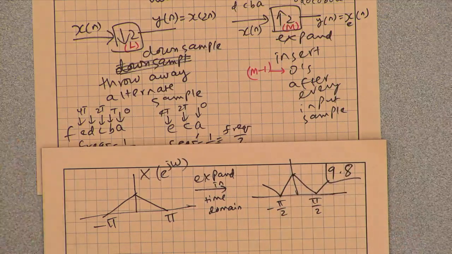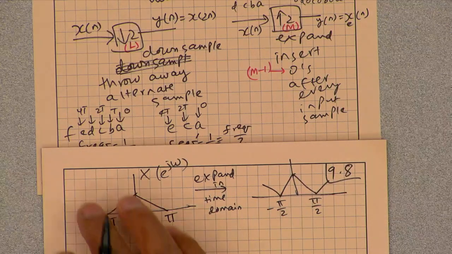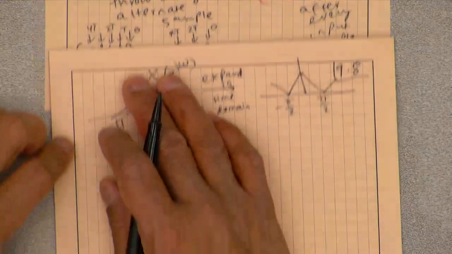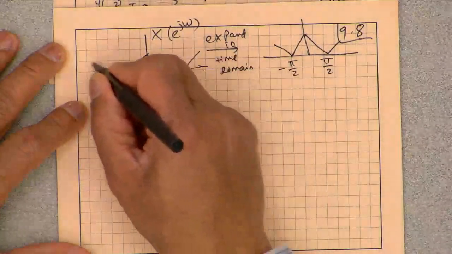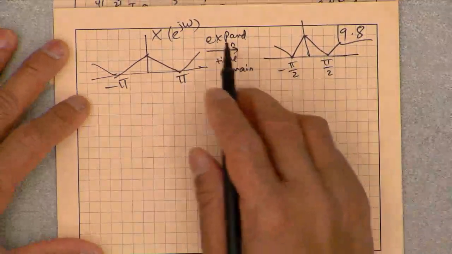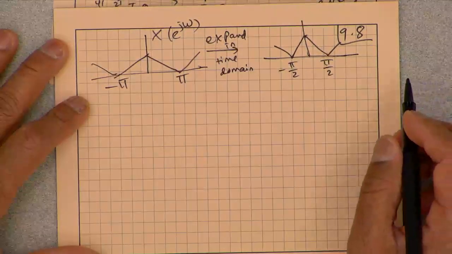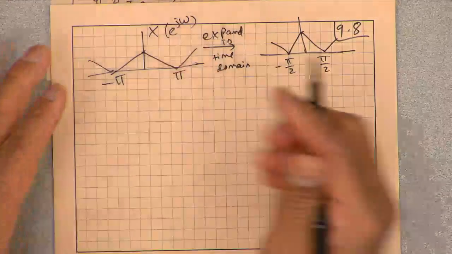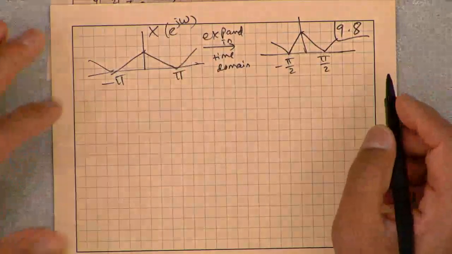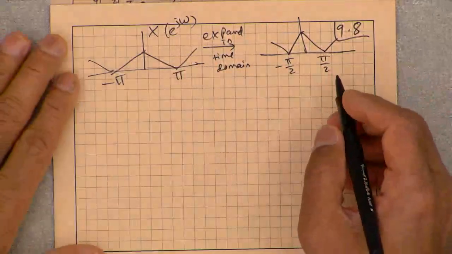Recall that the discrete-time spectrums are periodic with period 2 pi, so this really repeats. If you expand the sequence by a factor of 2 by inserting zeros, this just compresses the x-axis, so it compresses in the frequency domain.